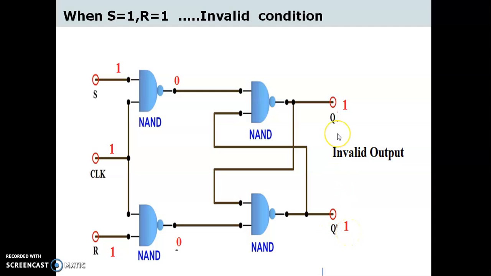As it is expected that Q and Q bar should be complementary to each other, as we are getting Q as 1 and Q bar also 1, we can consider this condition as an invalid condition, or we can say forbidden condition. There are so many different names. So Q and Q bar should not be the same. That's why this is an invalid condition.